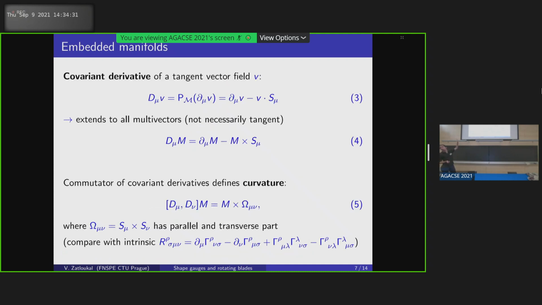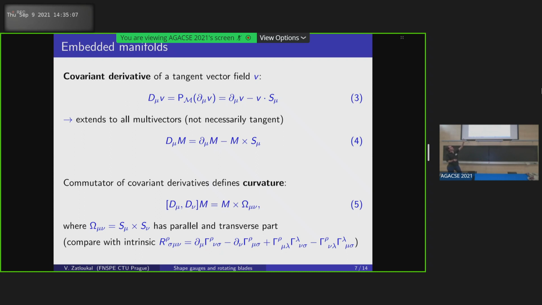The covariant derivative on an embedded manifold is usually introduced by taking a tangent vector, differentiating it partially, and then projecting it onto the manifold so that it remains tangent. This is the classical differential geometry. It turns out that this is equal to an expression here, where minus S_mu plays the role of the gauge field or connection coefficients.